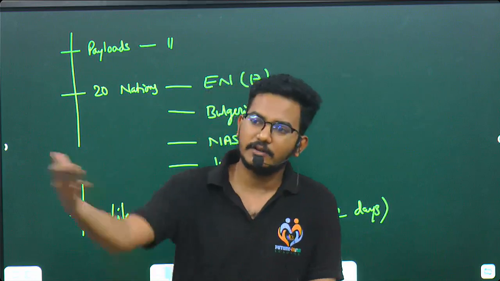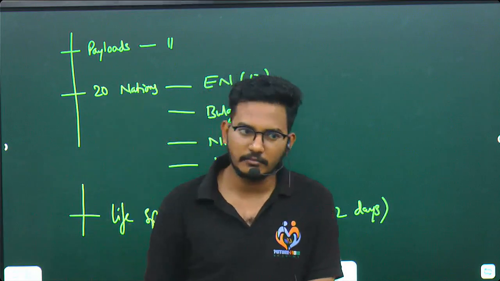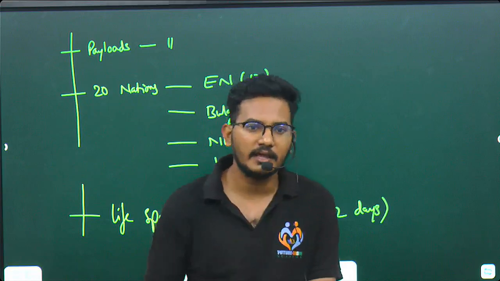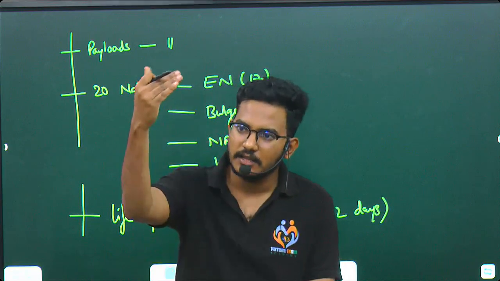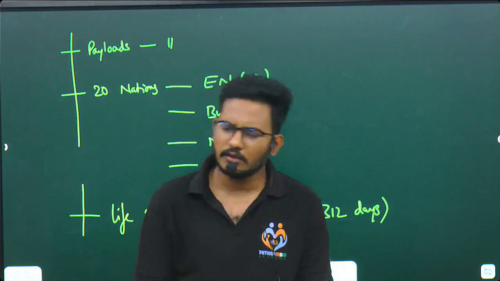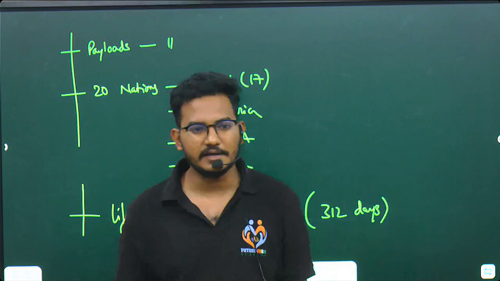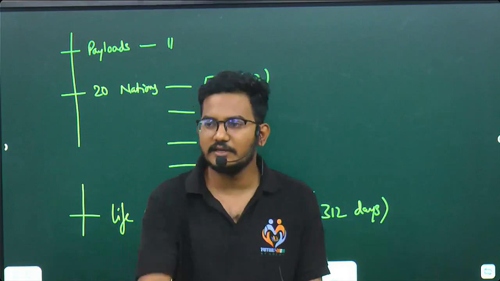Later in 2019 we have redone the experiment again, but in 2008 itself we have done the experiment of launching a spacecraft on the surface of the moon. At that time it was successful. Later in 2019 we failed. Why? I'll tell you the reasons again here.